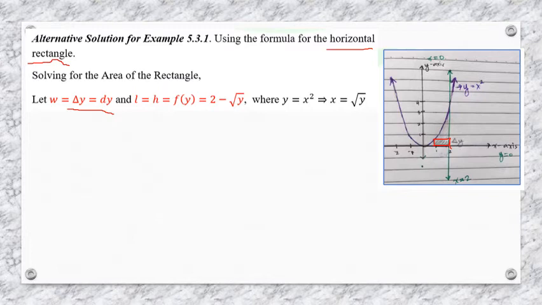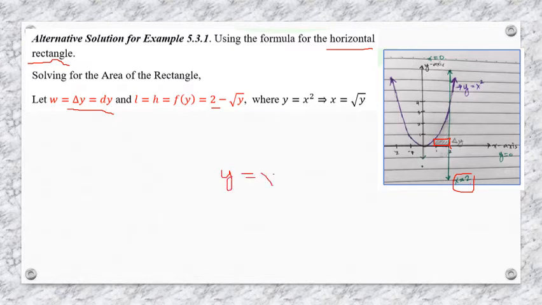Ang nasa right, class, is yung line na x is equal to 2. So, magiging 2. Yung 2 na yan, galing siya dito sa line na yan. Minus yung nasa left side, yung equation, yung parabola na y equals x squared. But kailangan natin siyang i-solve in terms of x.